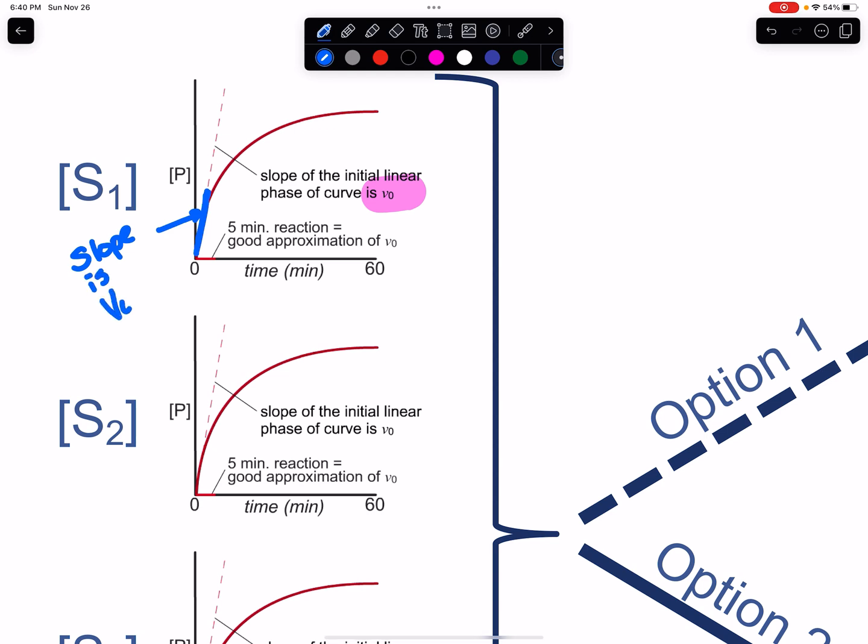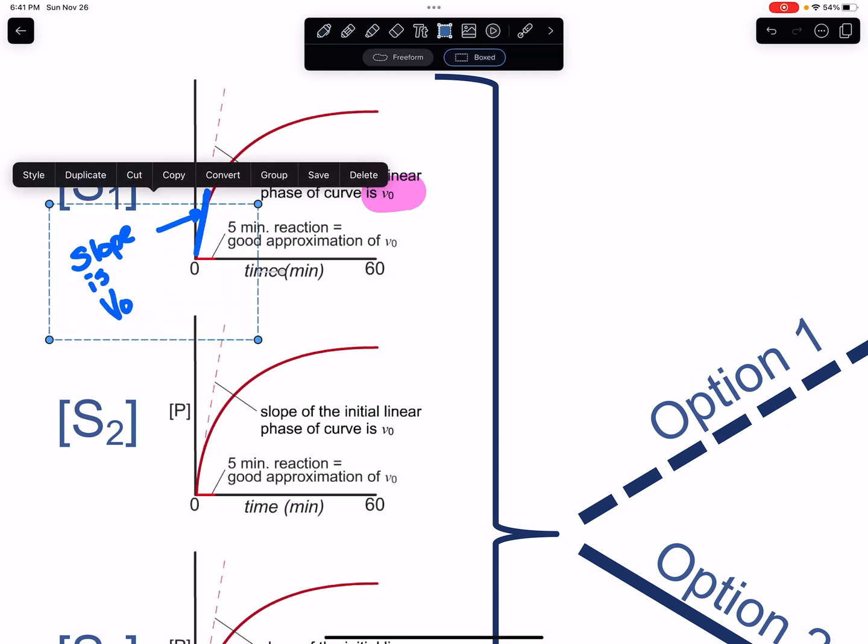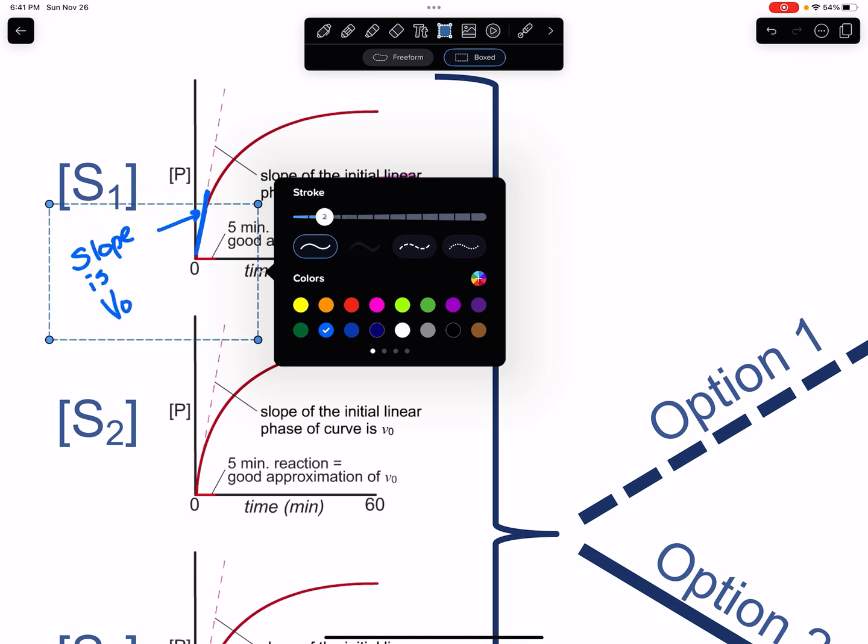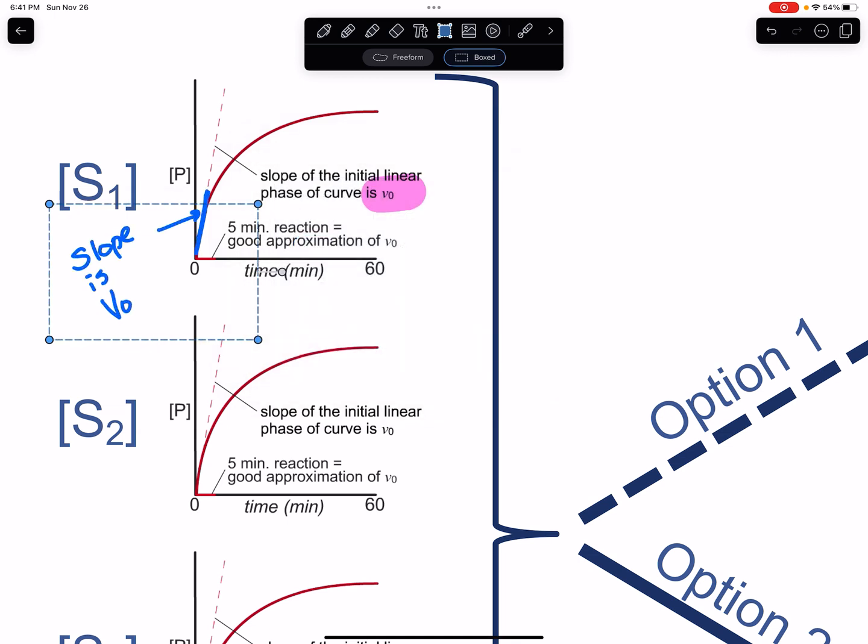is your V0. So what you'll do is you're going to be collecting data for some amount of time, and I'm just going to make this a little smaller so that's not so, there we go.